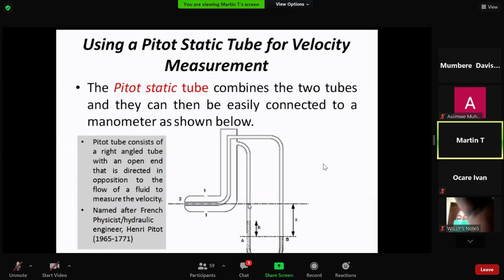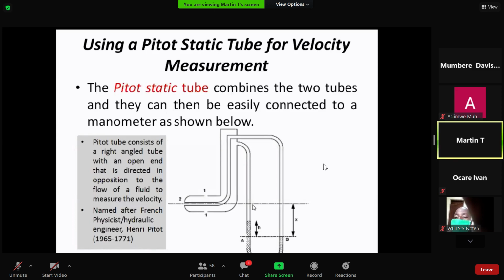Okay. Then what about pressure at point B? Pressure at point B is equal to rho g X. Is that all?